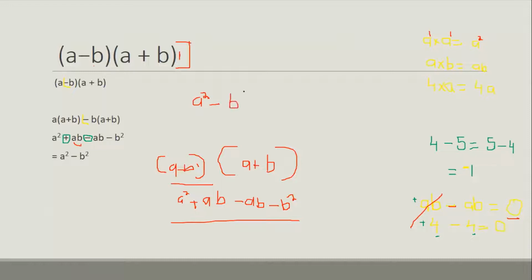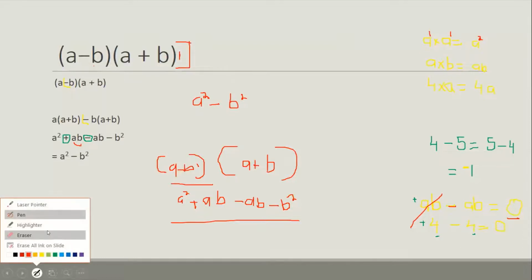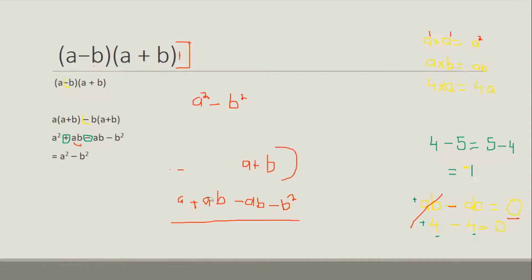Okay, my main focus, I'm not going to show you exactly how to do it, but I'm going to tell you how it ends up getting a minus b into a plus b. I'm going to just show you proof that it gets you back to this.